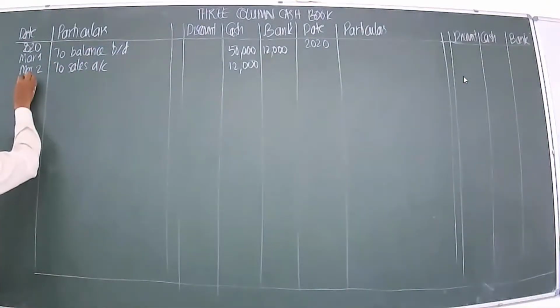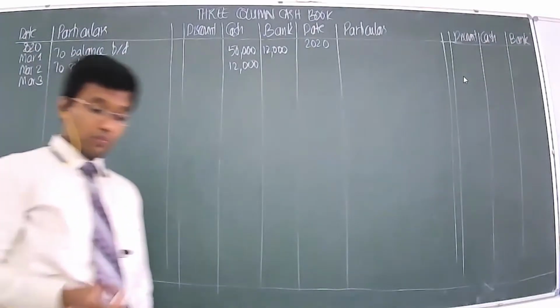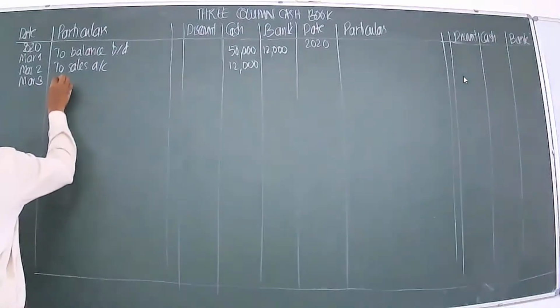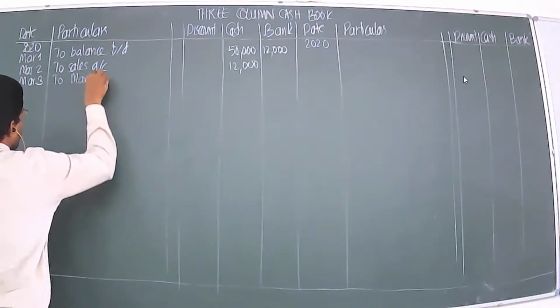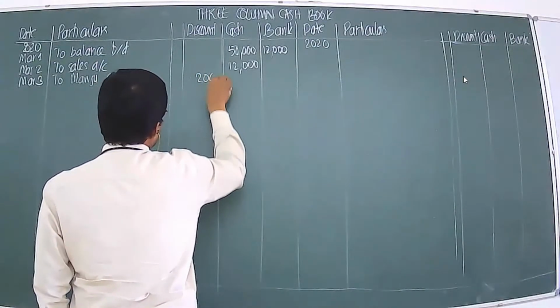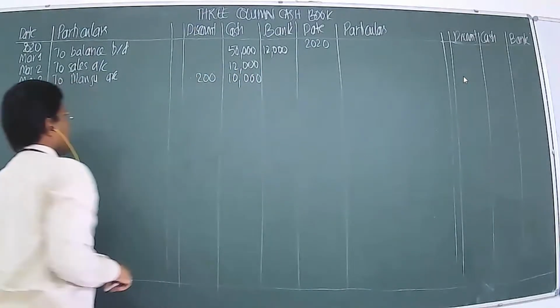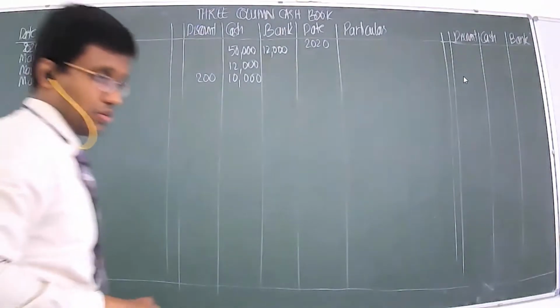This means that rupees 200 is discount for you. So here it will be to Manju account. In the discount column, you will be recording 200, and here you will be recording 10,000.